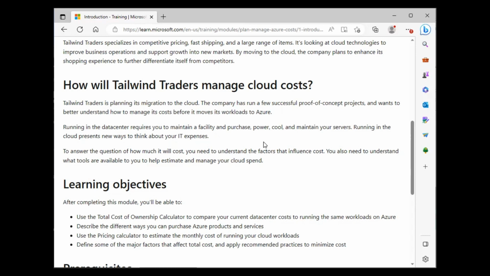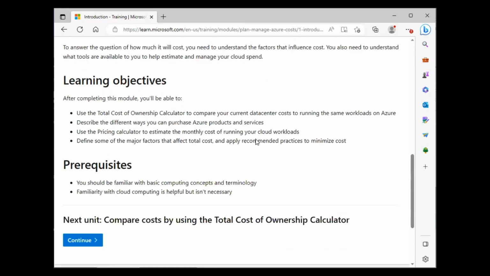Learning objectives. After completing this module, you'll be able to: one, use the total cost of ownership calculator to compare your current data center costs to running the same workload on Azure. Two, describe the different ways you can purchase Azure products and services.